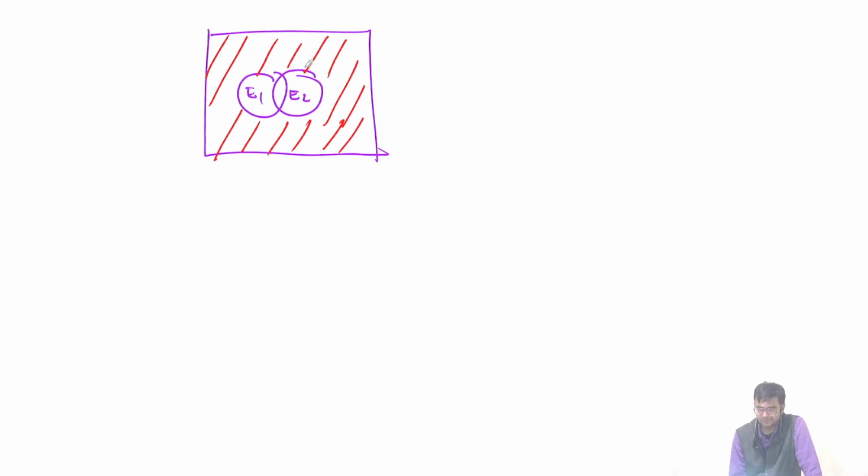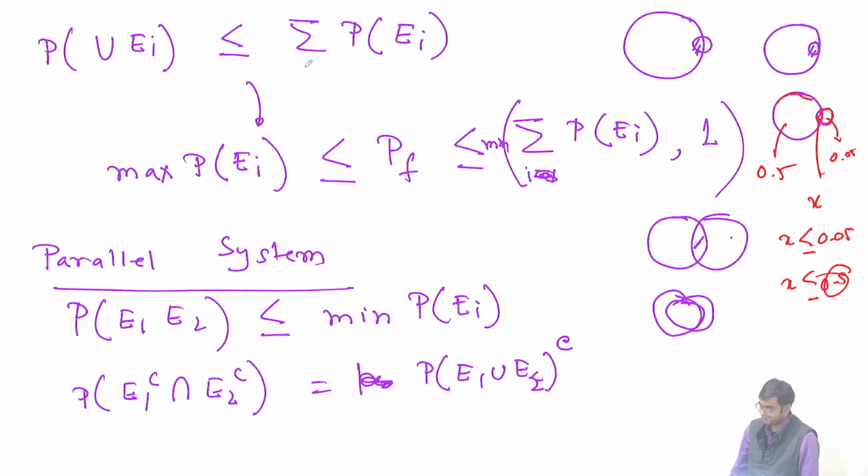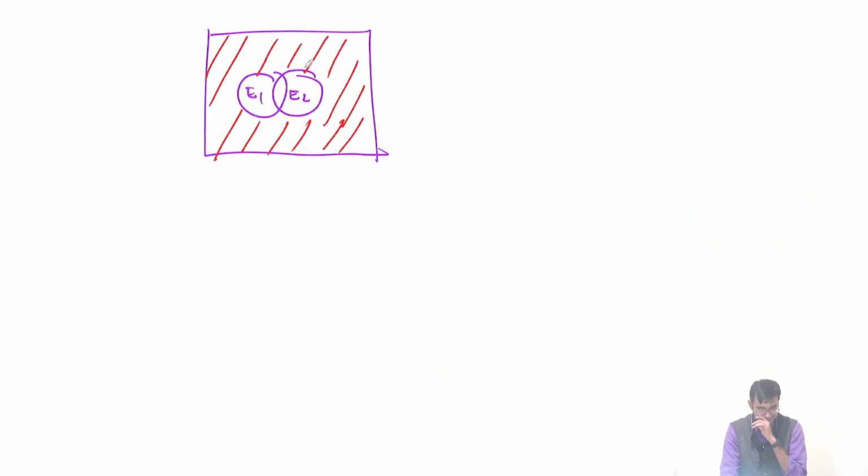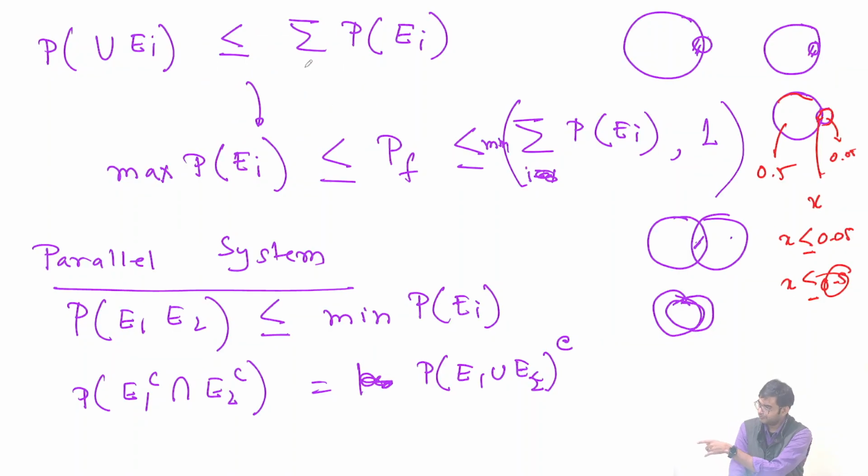Which is equal to E1 and E2 occurring and then the complement of that. That is what I have written. There is a name for it, and someone first proposed this law, but I forgot the name. But yes, this is a very well known thing. And you can also do it the other way: E1 complement union E2 complement is equal to that thing. De Morgan, right? De Morgan's law. Okay. So this one is fine.